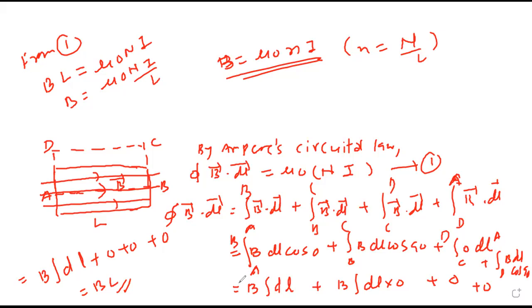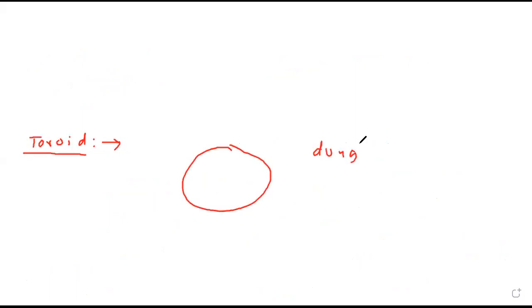Okay. Now for toroid. It consists of a donut shaped ring.